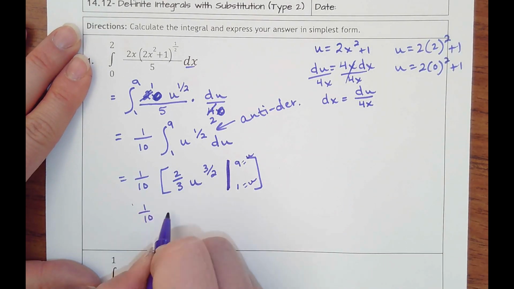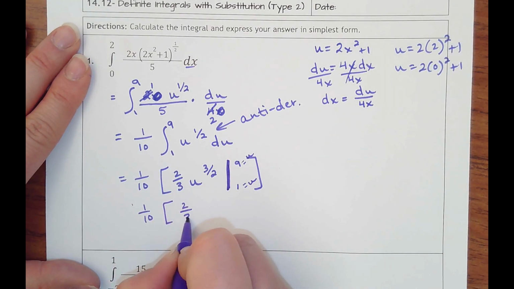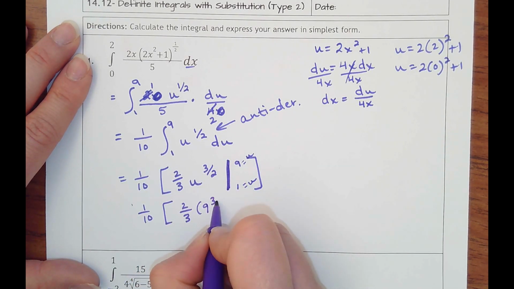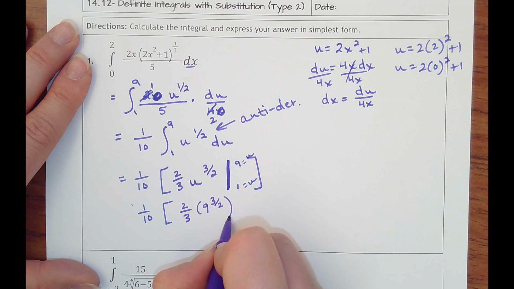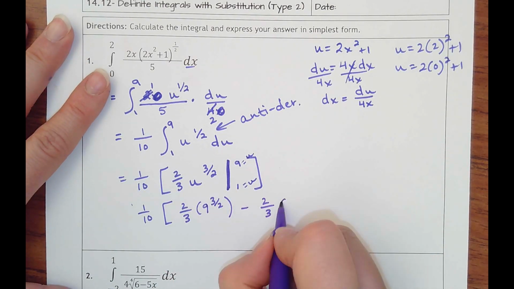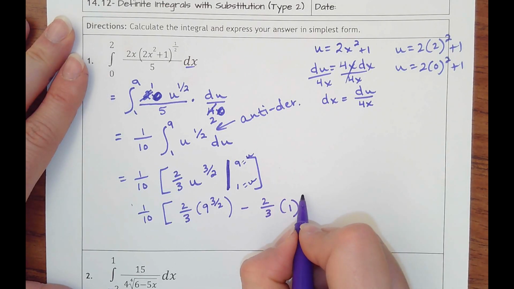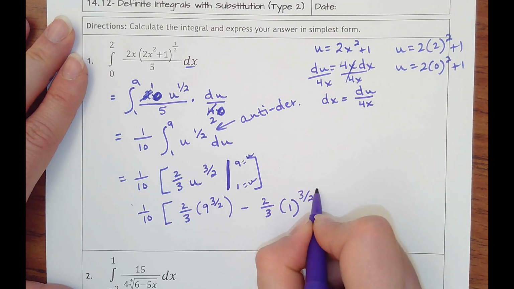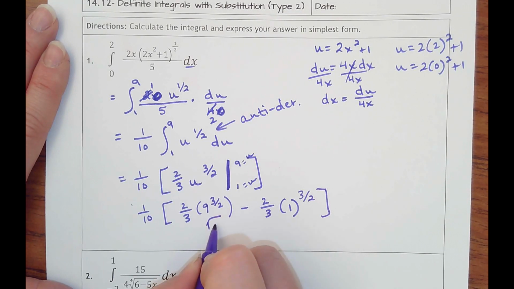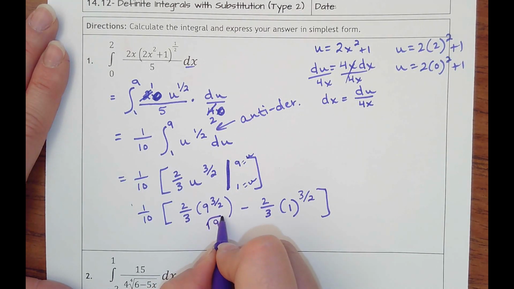So I have 1/10 times 2/3 of 9 to the 3 halves minus 2/3 of 1 to the 3 halves. Okay, 3 halves. Do you remember that that means the square root of 9 cubed?